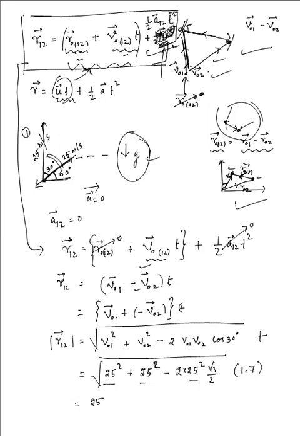All that remains within the root over term is simply 1 plus 1 minus 2 times root 3 by 2. 2's get cancelled. What we are left with is 2 minus root 3.